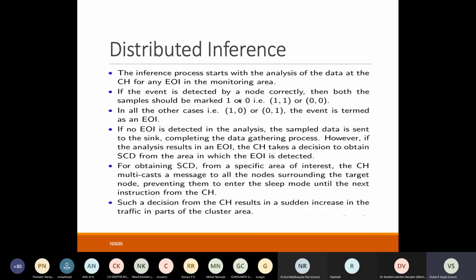For that, spatially correlated observations, or spatially correlated data, were obtained by activating more number of nodes in the area. Now, activating more number of nodes in the area results in increased traffic, reduced lifetime, and probably some congestion in the network.